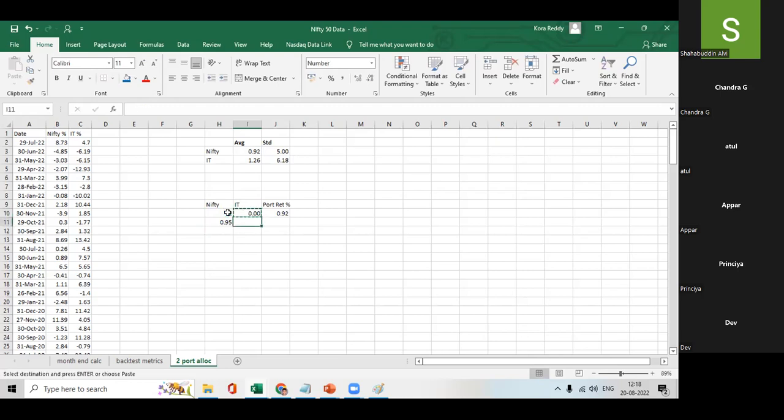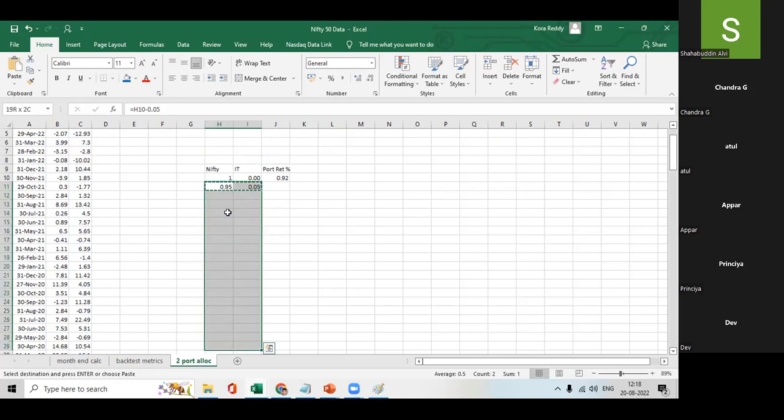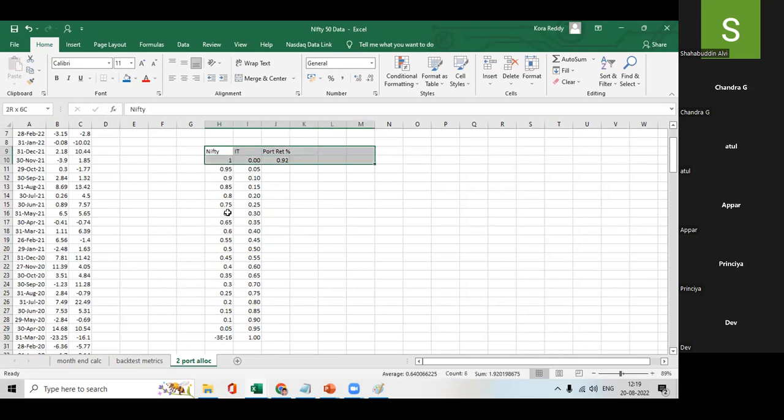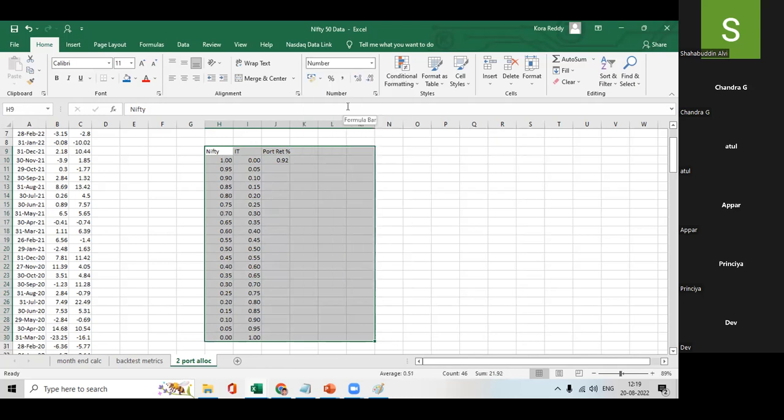And obviously here it will be 0.05. I don't understand how it became... Right.